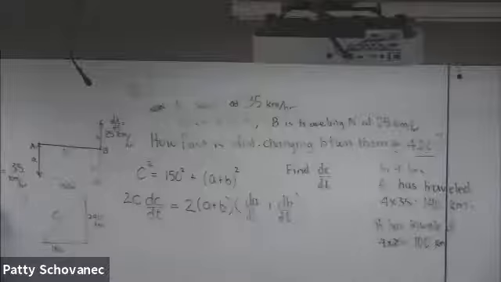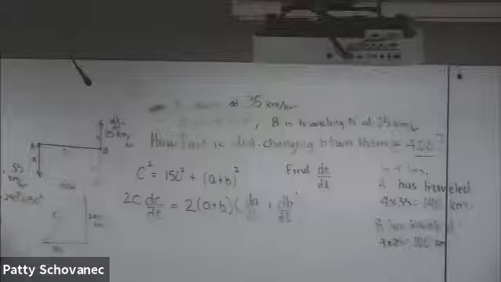C squared is 240 squared plus 150 squared. So C is the square root of those numbers. I got around 283. I'm just going to leave it like that. Now we have enough information to solve for dC/dt.